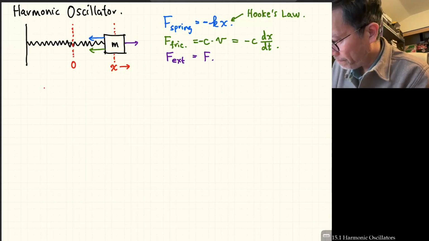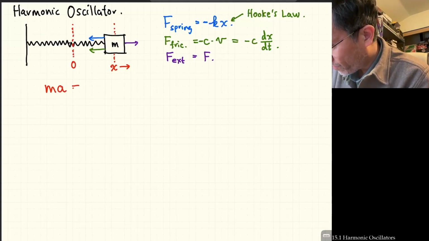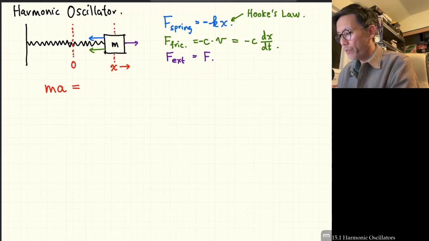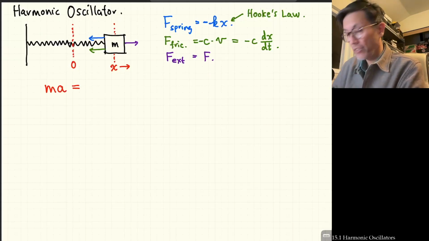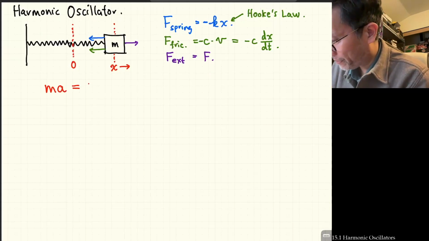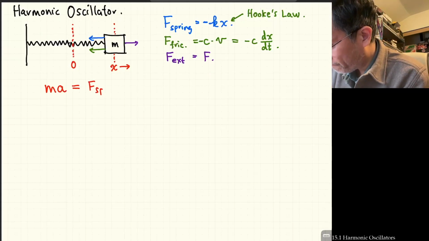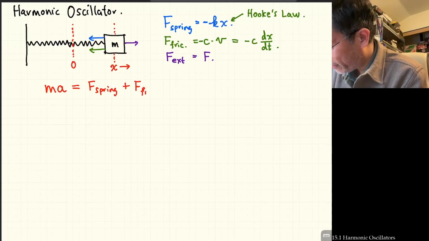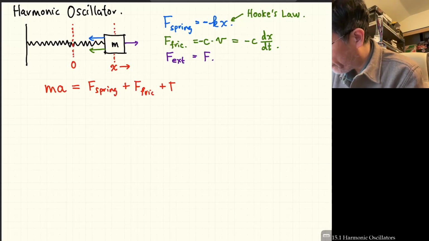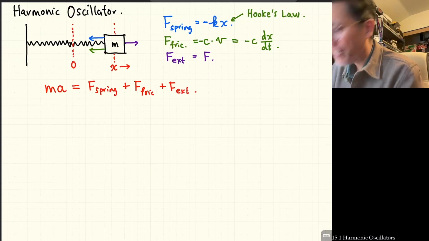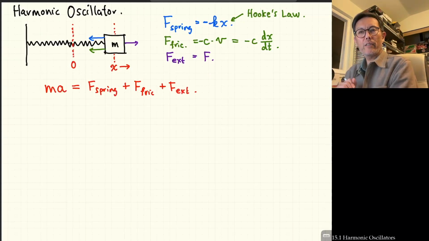So ma is going to be equal to the sum of all of the forces here. So that's going to be F spring plus F fric plus F x. This is the net force acting on the object.